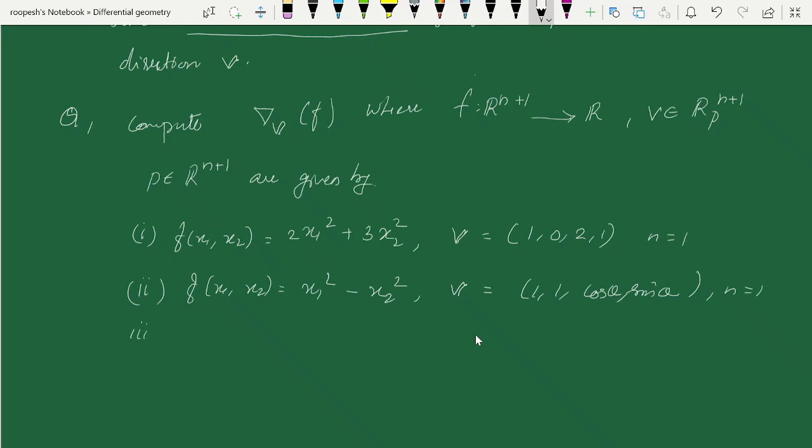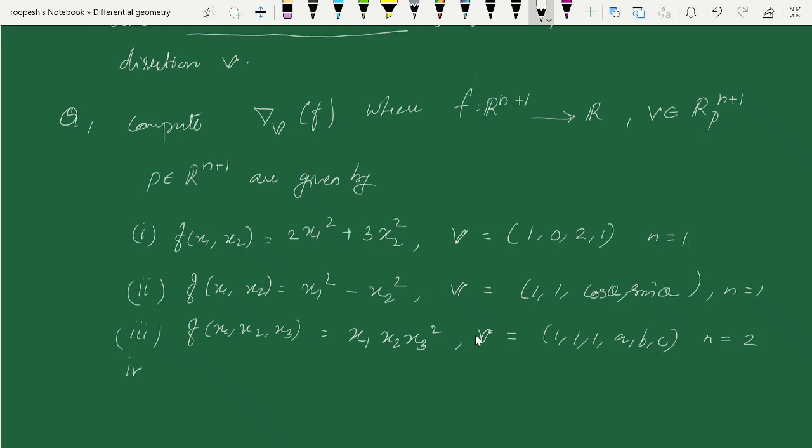And third one, f of x1, x2, x3 is equal to x1 x2 x3 squared, and v is given as (1, 1, 1), (a, b, c), and n equal to 2.